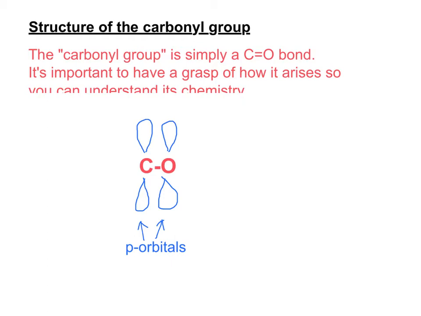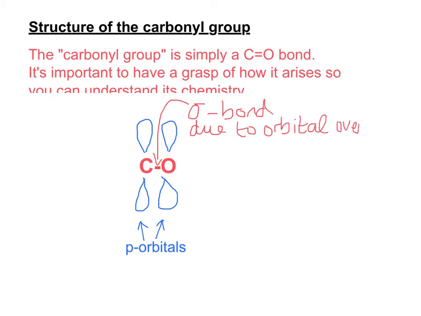Obviously they'll be overlapping. So what we're looking at here is what's called a sigma bond. And that's also due to orbital overlap. So we've got s orbitals overlapping between the carbon and oxygen to create the sigma bond.